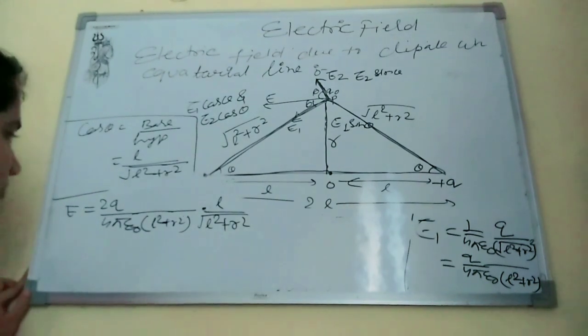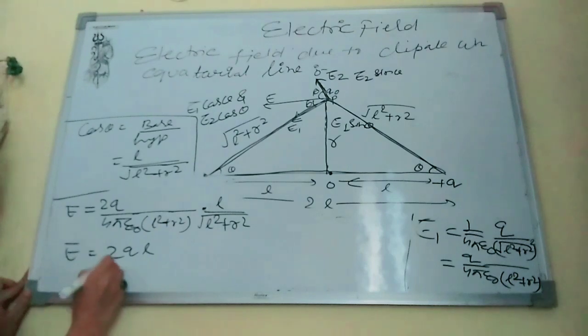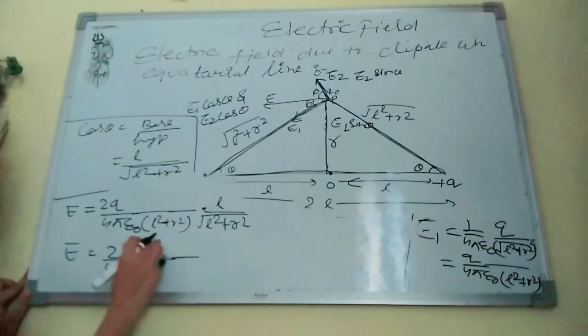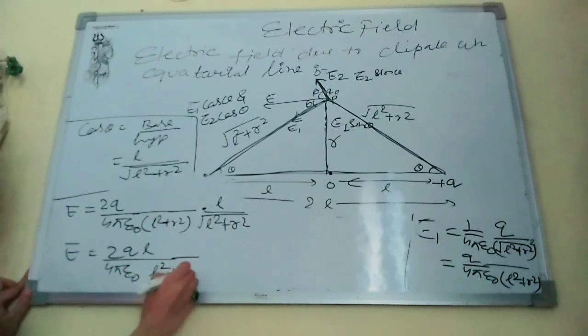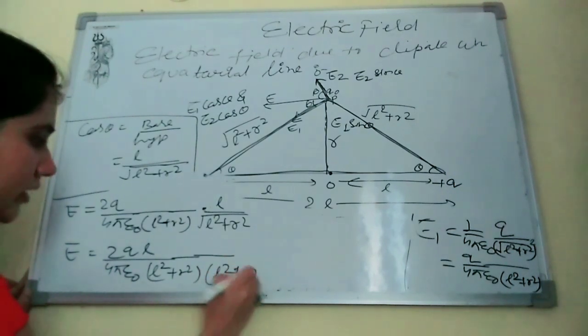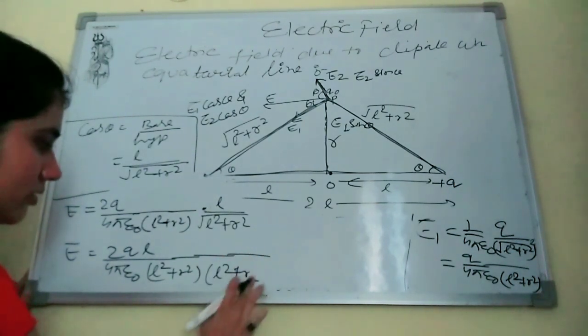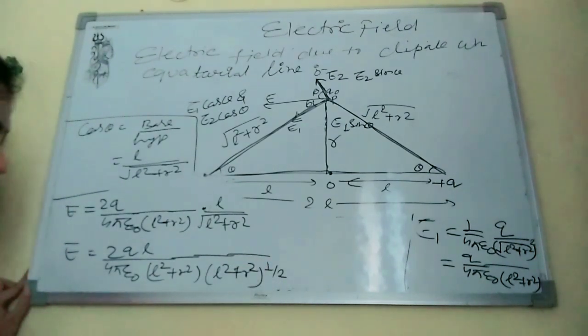Now here it will become 2QL upon 4 pi epsilon naught, and this will be L square plus R square, and this will be L square plus R square to the power 1 by 2.